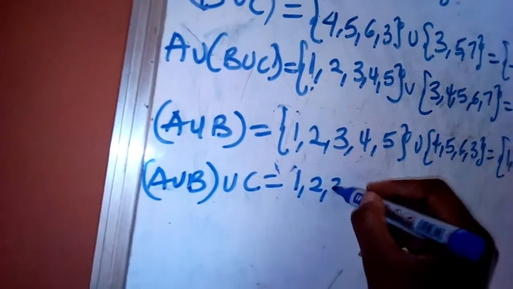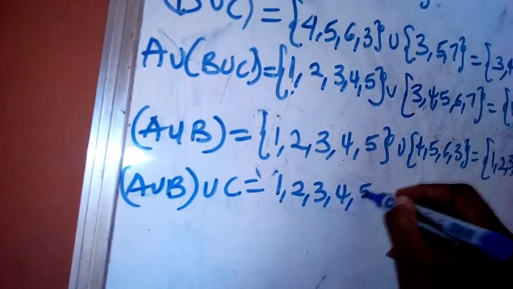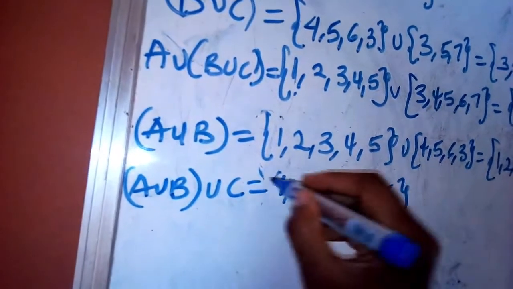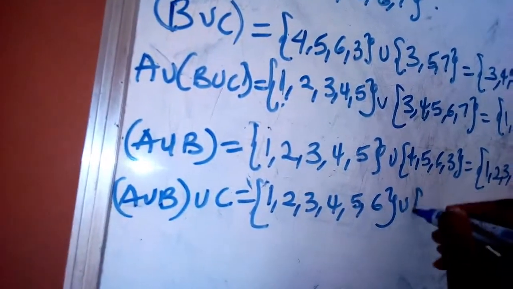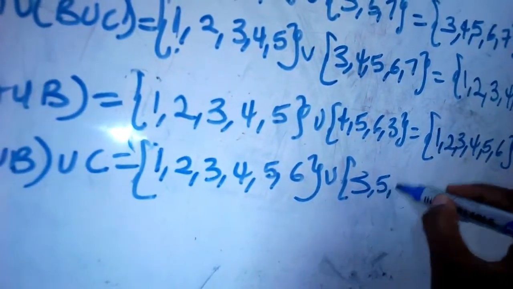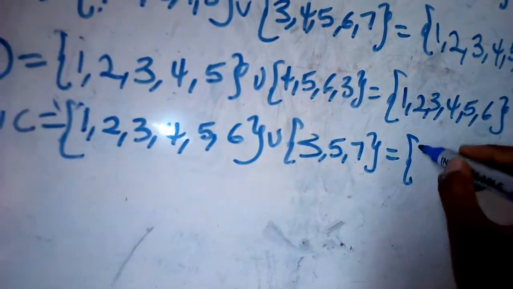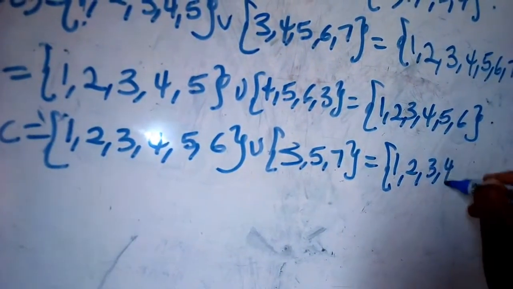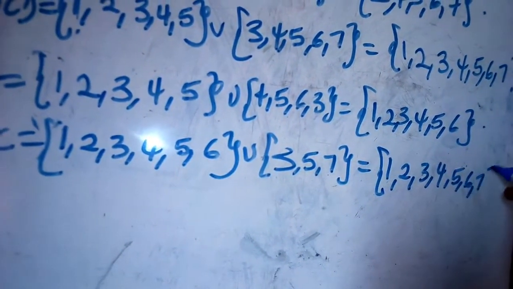So we now have (A union B) union C, which is what we got here, which is 1, 2, 3, 4, 5, 6, union C, which is 3, 5, 7. So we have 1, 2, 3, 4, 5, 6, 7.